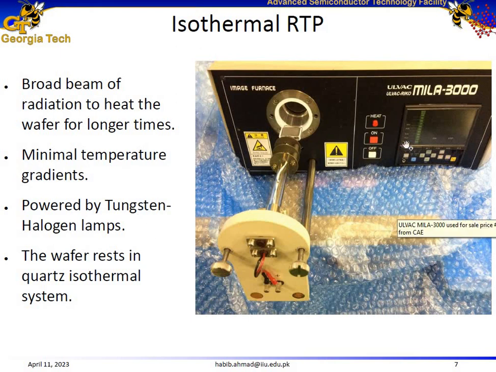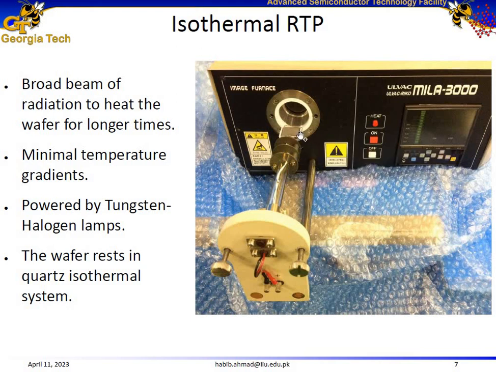Now here is an example of rapid thermal processing by using thermal radiation. It's called a Mila 3000 rapid thermal annealing furnace, and I personally have used this furnace for annealing of samples. The only limitation is that we can use this furnace for annealing of only small samples.